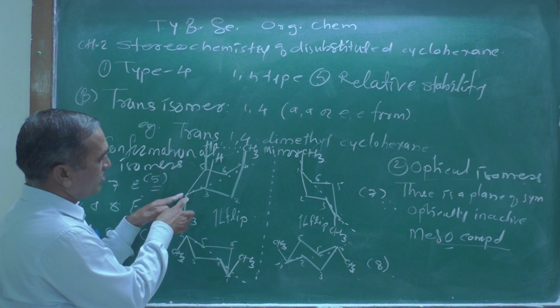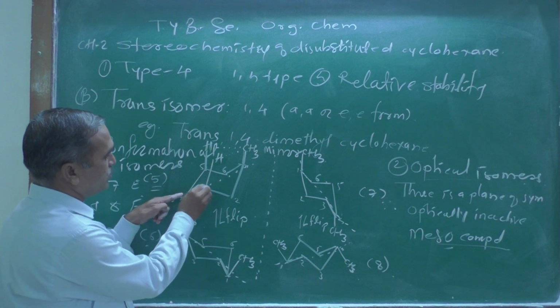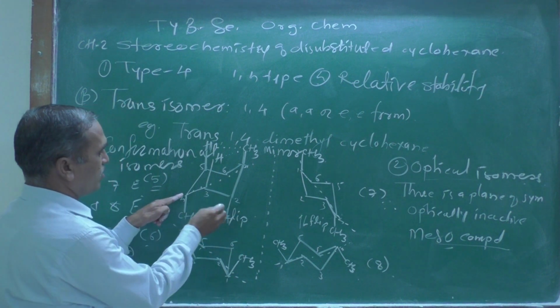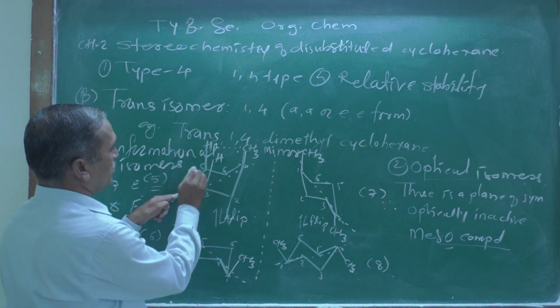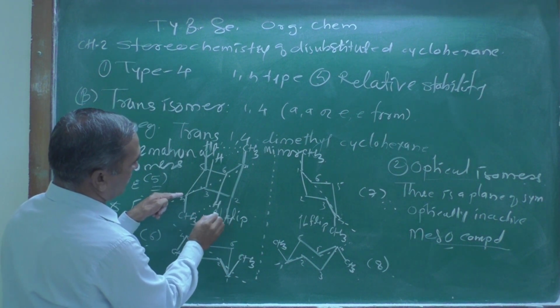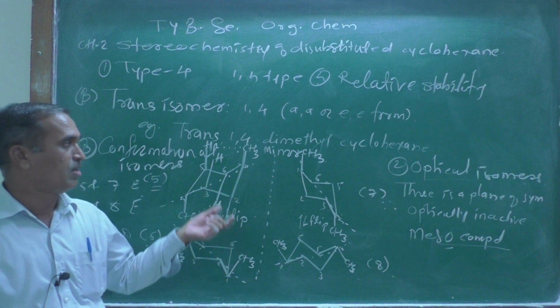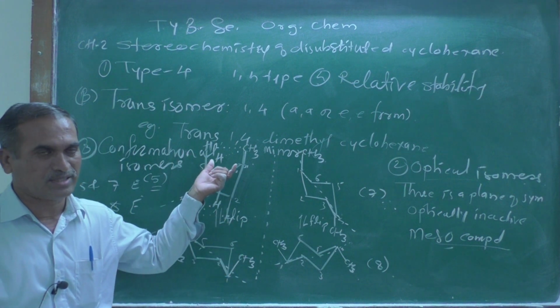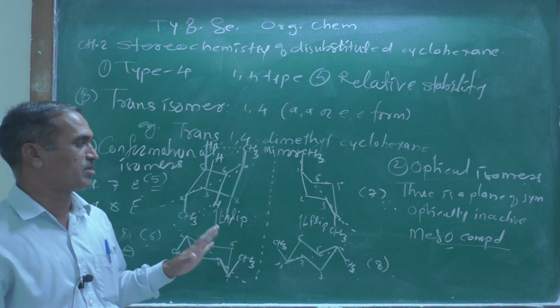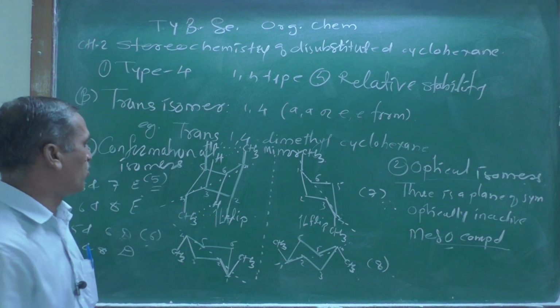So again find out 1, 2, 3. There is one hydrogen atom over here, and now go this side, 1, 2, 3, which is one of the hydrogen atoms. Two above 1,3 diaxial interactions and two below, and the total becomes 4.